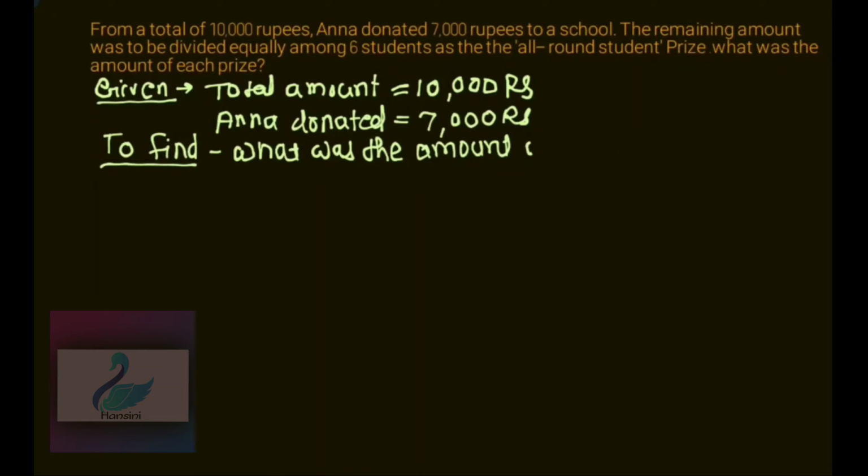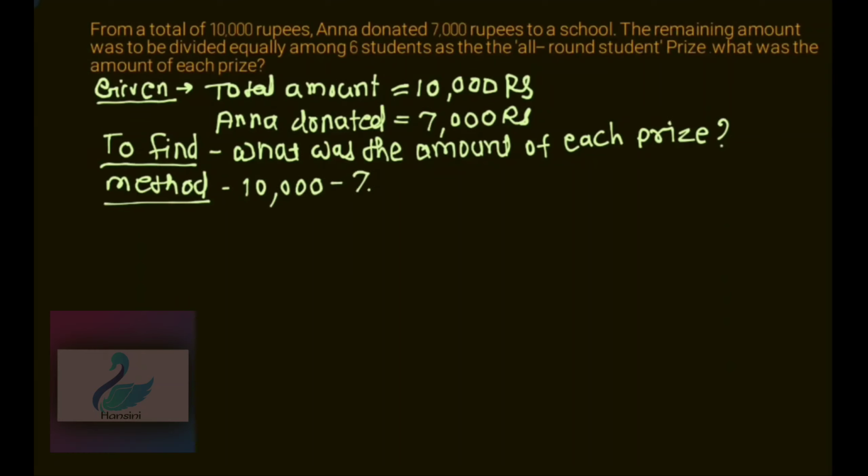Now read the question carefully. Here 10,000 is given as the total amount, and from the total amount Anna donated 7,000. So we will subtract 7,000 from 10,000. By subtracting I get the answer as 3,000.